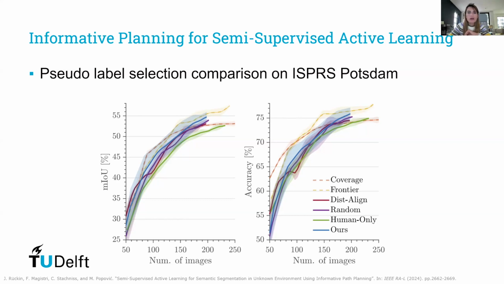So we compare what happens when we keep the amount of human labeled pixels the same, but only change this pseudo-label generation approach. And in general, our experiments show that combining human labels with pseudo-labels improves performance over using only sparse human labels. That's this green one. So by adding pseudo-labels, we actually do get some performance improvement in general. So this justifies the reason for using the pseudo-labels in this case.